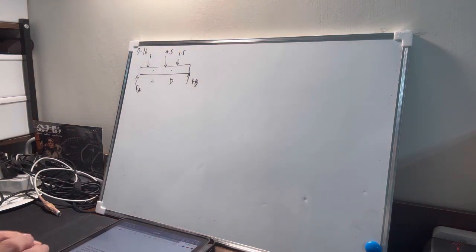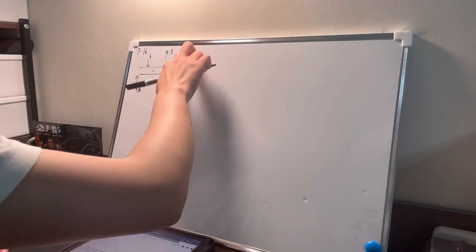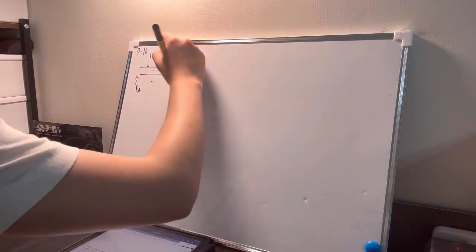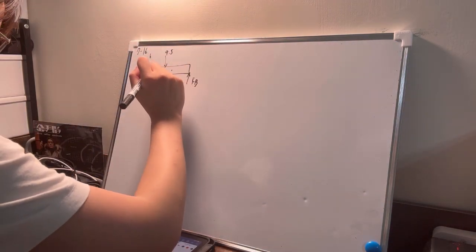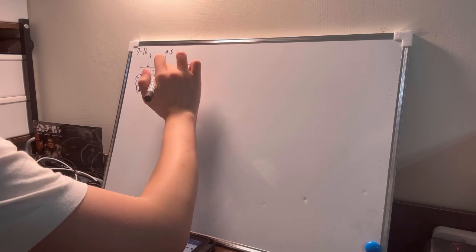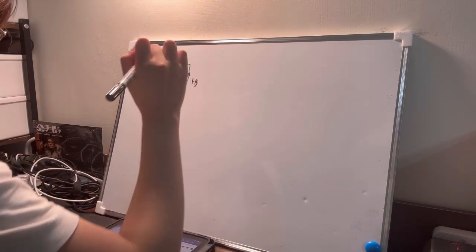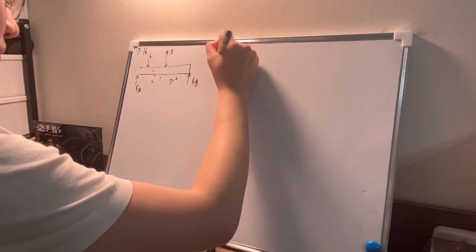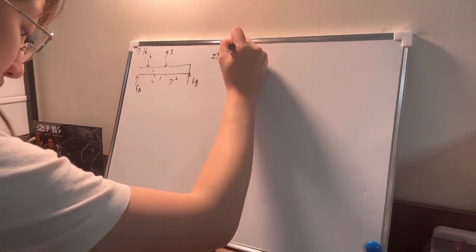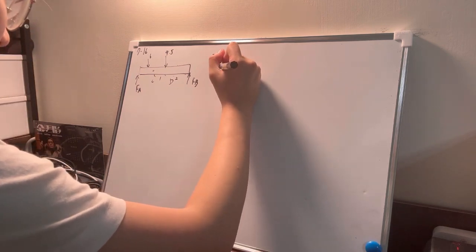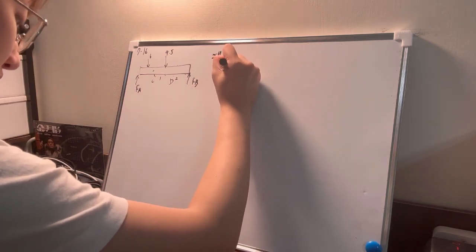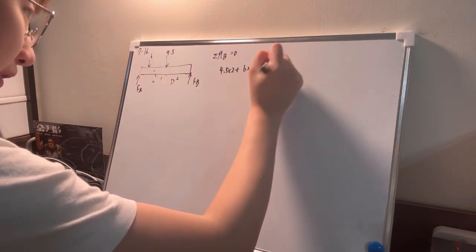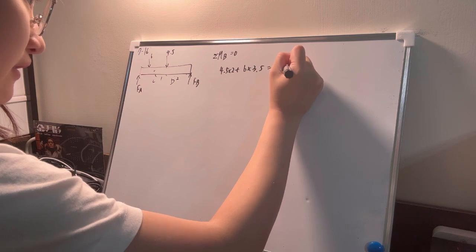So it's another force here, and the lengths are 1 and 2 here. And now if we take the summation of moments about B equal to 0, we can get FA: 6 times 2 plus 6 times 3.5 is equal to FA times 4.